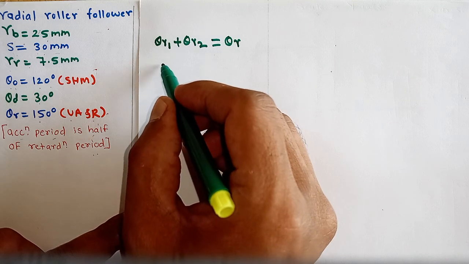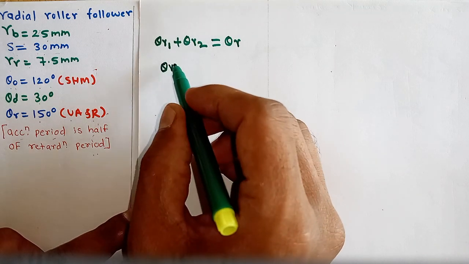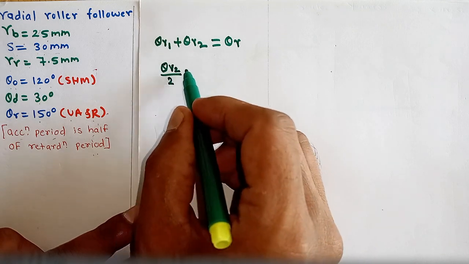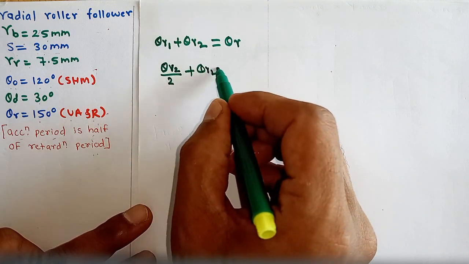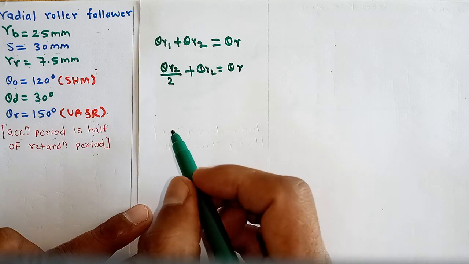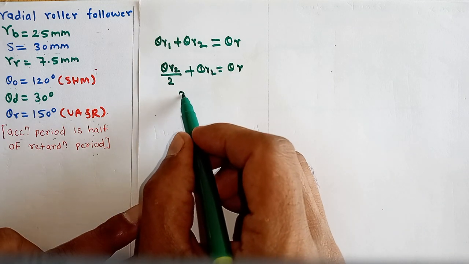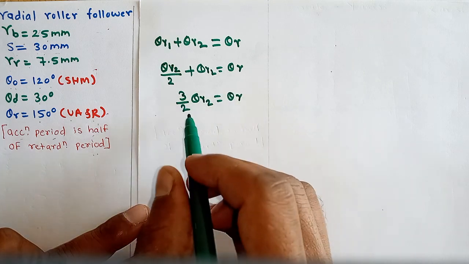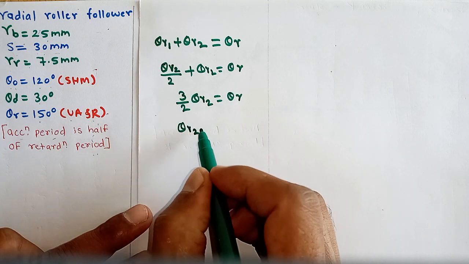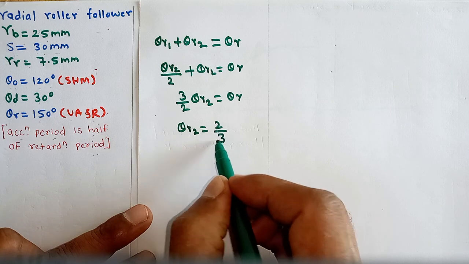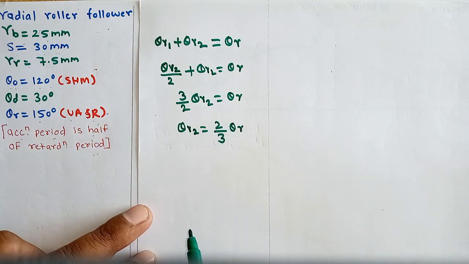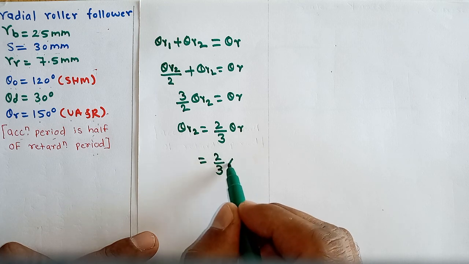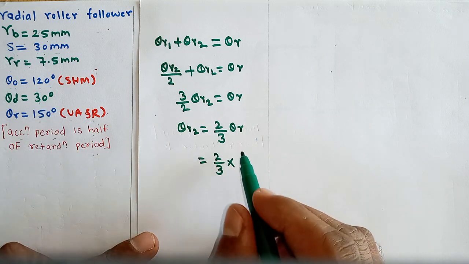So here we can write acceleration period theta r1 is half of the retardation period theta r2, plus theta r2 equals theta r. This will give 3/2 theta r2 equals theta r, and so theta r2 is equal to 2/3 of the total return stroke angle, which is 2/3 into 150 degrees.